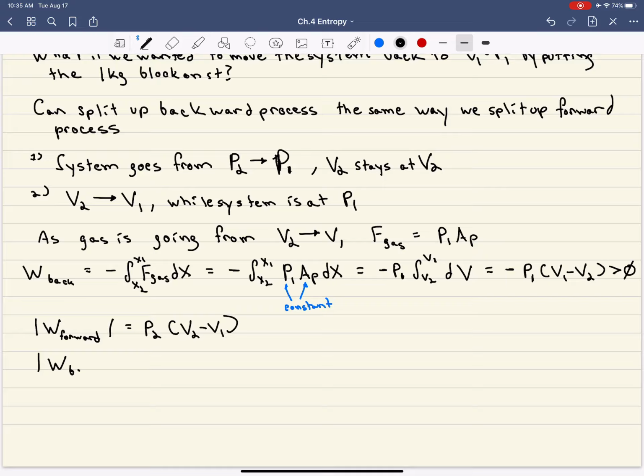The work backwards, once again ignoring signs, is pressure 1 times V2 minus V1. And we know that pressure 1 is greater than pressure 2, and so that means that the magnitude of the work backwards is greater than the work forwards.